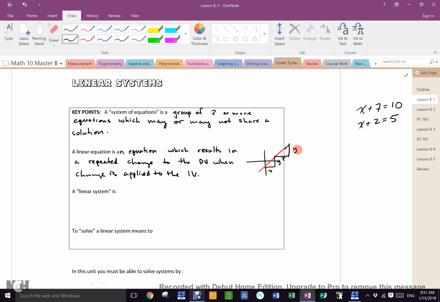Carlin. More than one equation that results in a change. So, excellent. A linear system is a group of 2 or more linear equations which may or may not share a solution.